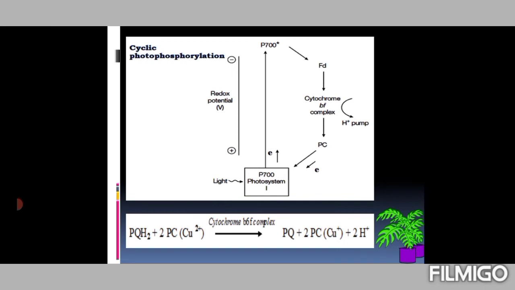So protons are taken from stroma and released to the thylakoid lumen. As a result, the thylakoid lumen gets concentrated with H plus ions. This is what I showed in the previous slide, H plus ion accumulation inside the thylakoid lumen because of cyclic photophosphorylation. Now, from plastocyanin, the electron travels downhill along the redox potential to reach back to PS700.